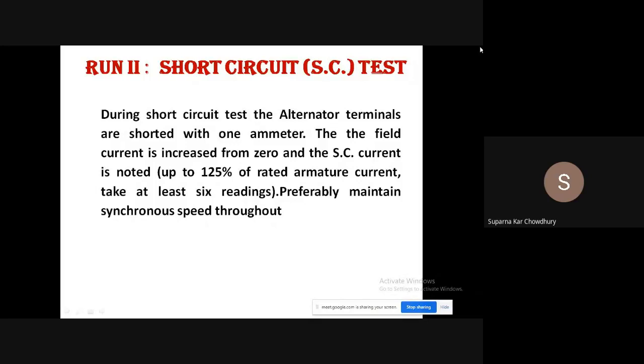Preferably the speed should be the synchronous speed, but for the short circuit it is not mandatory that the speed be maintained exactly at synchronous speed. As you have studied, in the short circuit condition the resistance of the synchronous machine is very small. If we neglect the resistance, approximately the induced voltage is proportional to the speed, so proportional to the frequency.